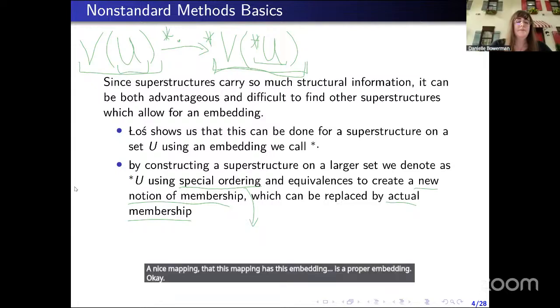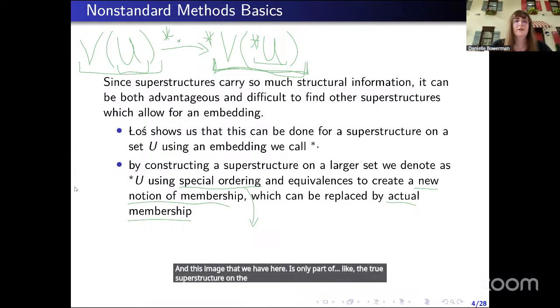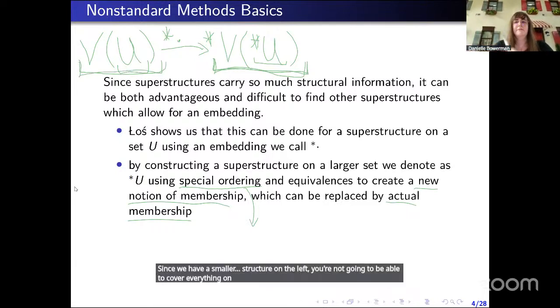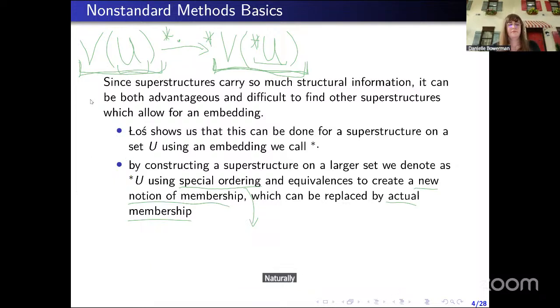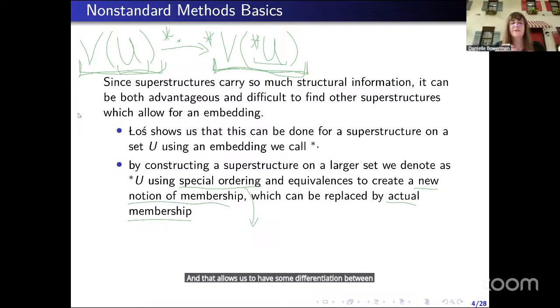Okay. And this image that we have here is only part of the true superstructure on the star view. Since we have a smaller structure on the left, you're not going to be able to cover everything on the right. Naturally. And that allows us to have some differentiation between different types of elements that we'll get to later.